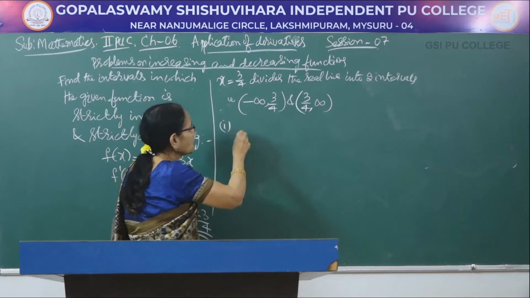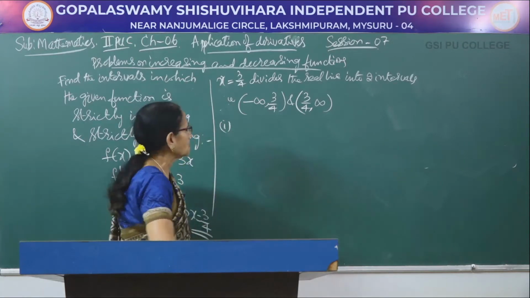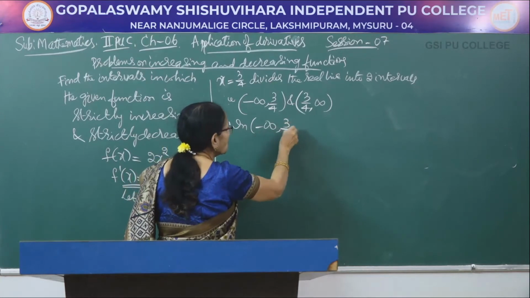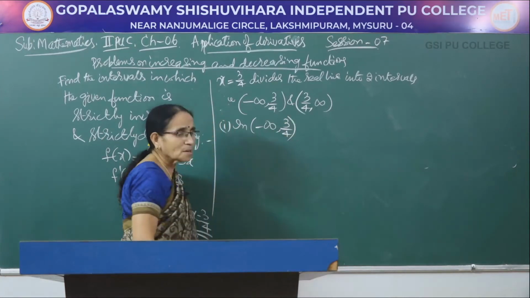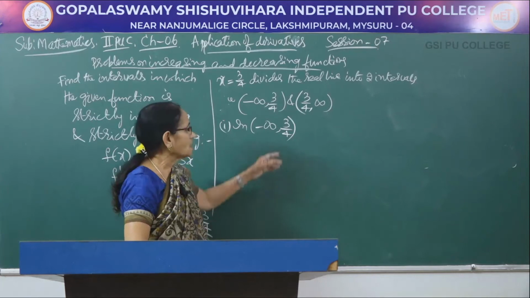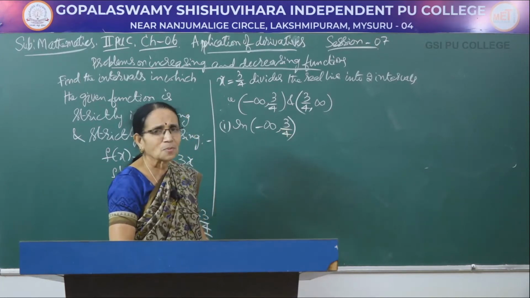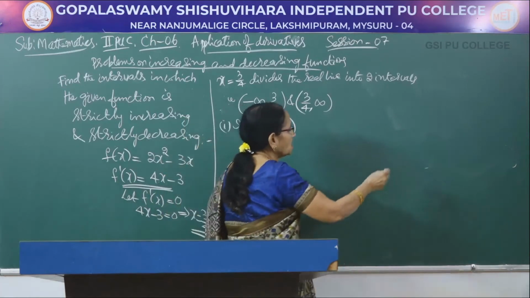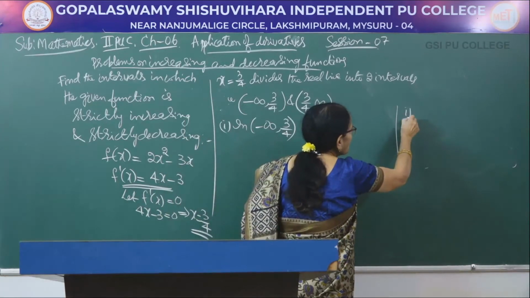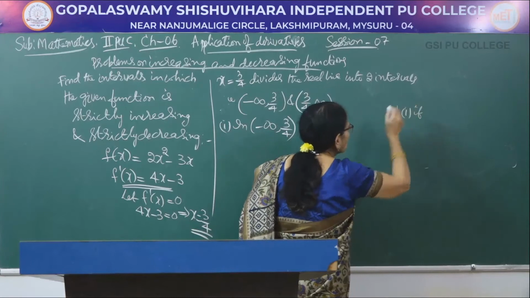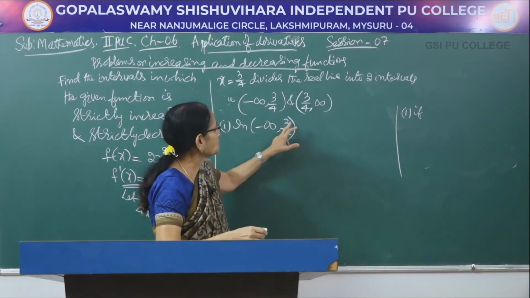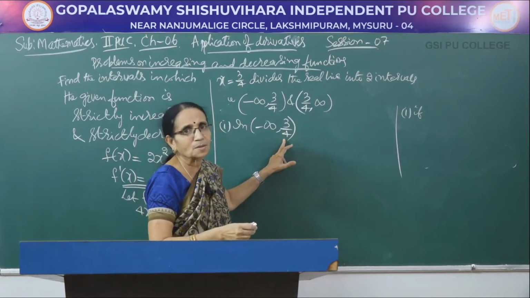Now, let me consider the first interval, minus infinity comma 3 by 4. See, in the previous problem, I had an integer there. It was easy for you to verify. No problem, we will verify here also. So, let me give a value which should be less than 3 by 4, isn't it?